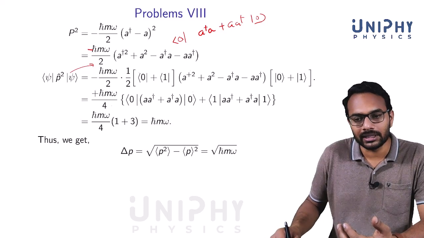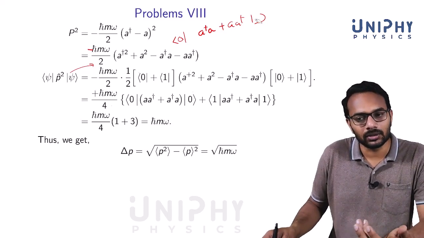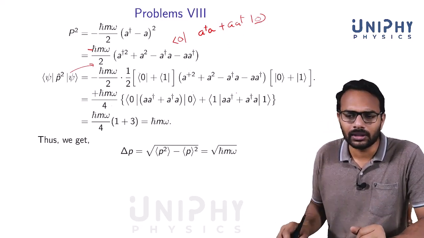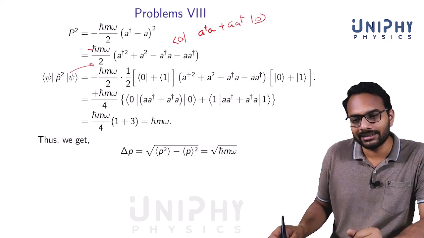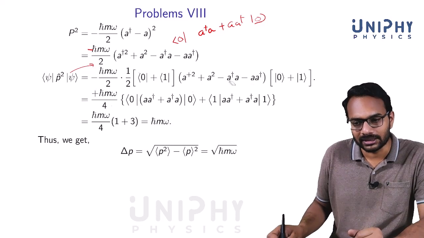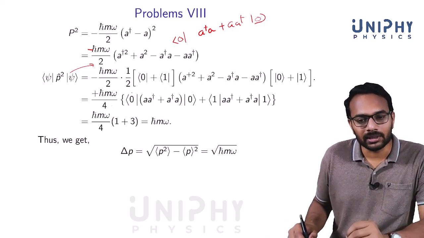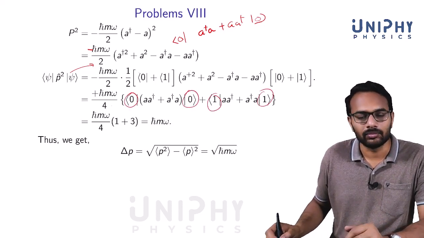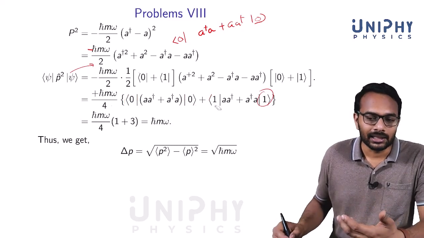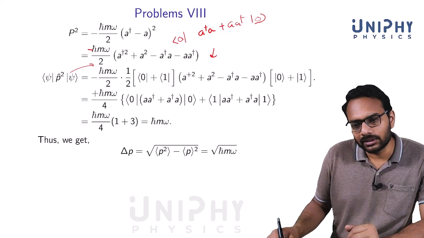So we don't have to take the combination ⟨0|a†a plus a a†|1⟩. This combination is clearly 0. You can check that. So we take only the non-zero terms, and that is why we write it here. The non-zero term corresponds to only when both these states are the same. The other combinations we can get rid of right now. If you are not convinced about this, you can just try it.